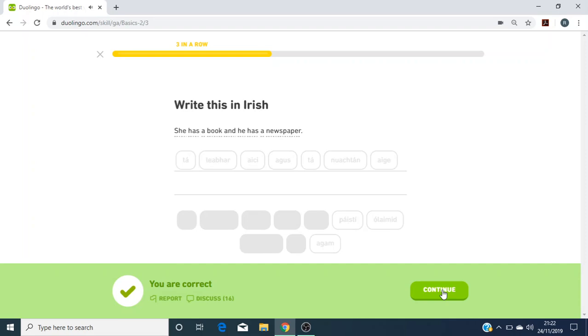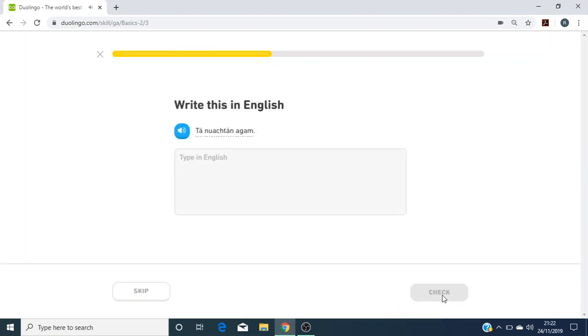Because I remember I was she and A was he. Tá nuachtán agam. That's I have a newspaper. Because the Irish is like Scottish Gaelic, and to say you have something, you have to say something. So that literally means a newspaper is at me.